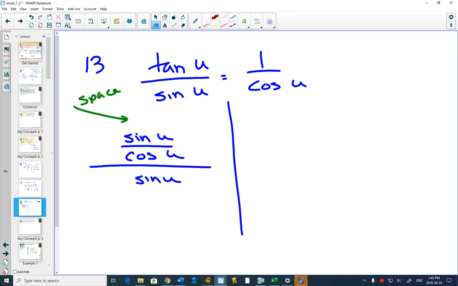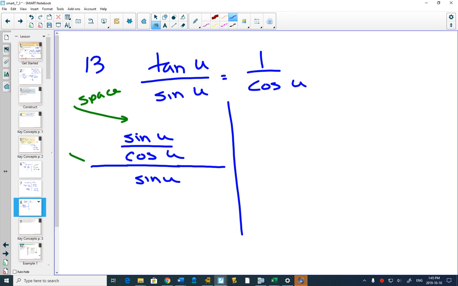Next thing, notice that my main dividing line I made longer, because if you made them exactly the same length, is this sine u all divided by cos u over sine u, or is it sine u over cos u over sine u? It's hard to tell. So by making my main dividing line thicker, I can see what was on the numerator of my original fraction, what's in the denominator.